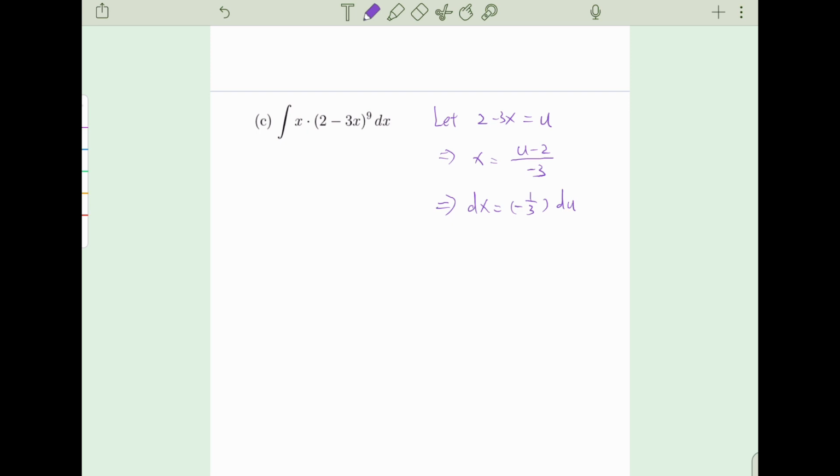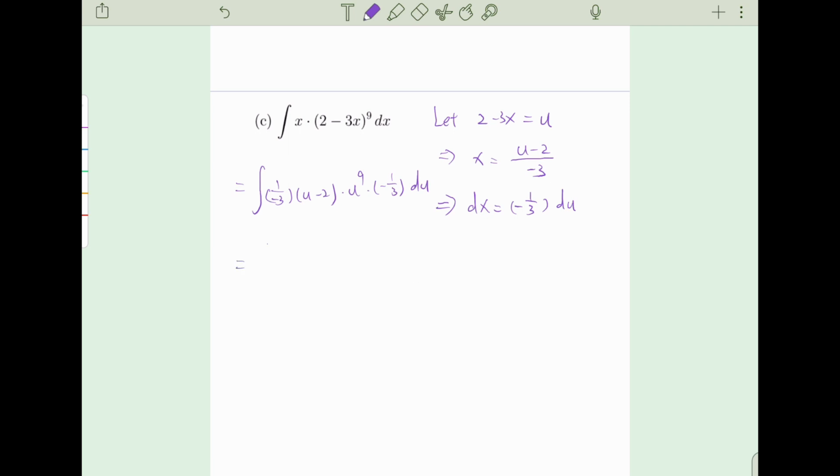Now plug in everything into this expression. So now I have x replaced with 1 over negative 3, there's u minus 2. And then the original ugly expression simply becomes u to the 9. And dx now is replaced with negative 1 over 3 du. Okay, just replacing everything. And then sort out things a little bit.